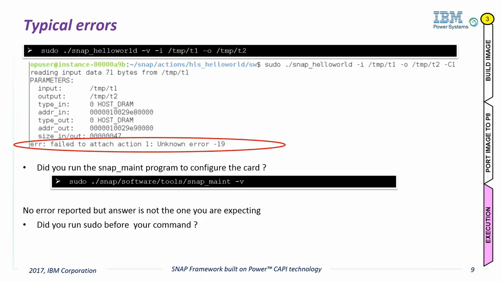Just execute snap_maint and then the snap_helloworld application. If the error relates to the card attachment, check that you have set the correct slot number to the -C argument. And at last, if nothing is reported, depending on the system you are running on, you may have just missed the sudo instruction before your command.